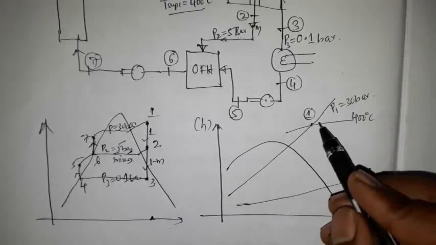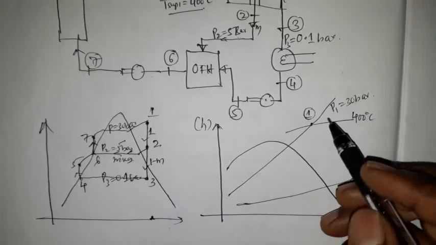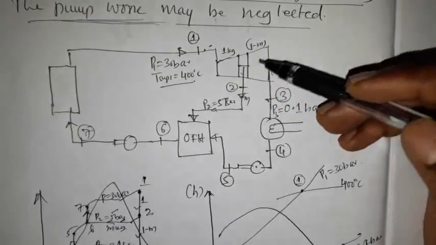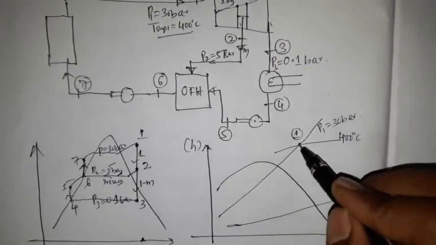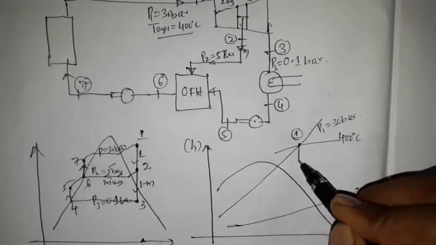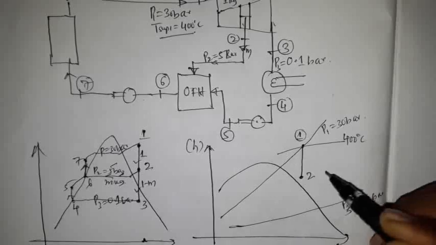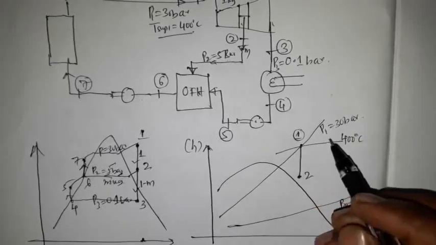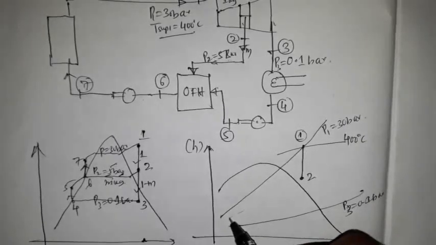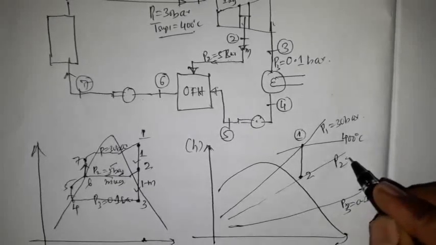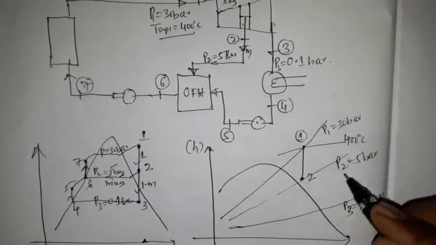Since 1 to 2 is isentropic expansion inside the turbine, we can draw a vertical line in the downward direction. So it expands till 2. From 2, the second pressure line is 5 bar, that is P2 is equal to 5 bar, and it expands until 5 bar.